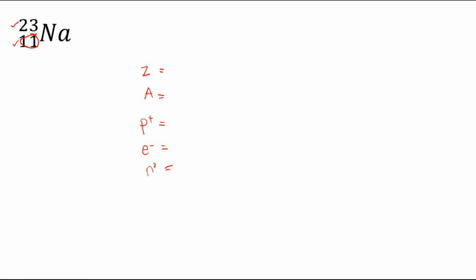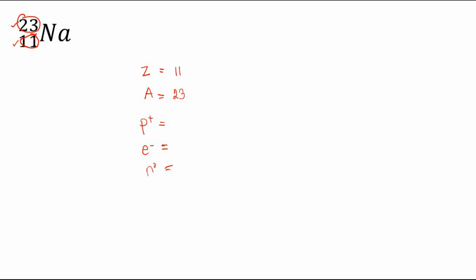Therefore, it's very easy to identify the atomic number. You can just copy the number below the upper script, which is 11. And then the mass number is always the one that is above your atomic number. So above 11, that's 23. So your mass number is 23.